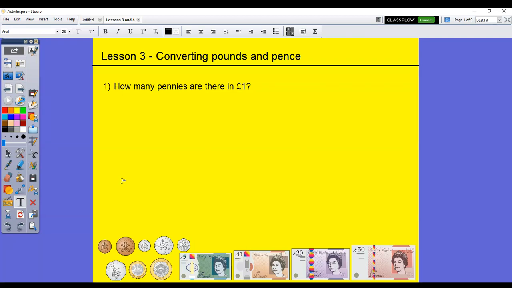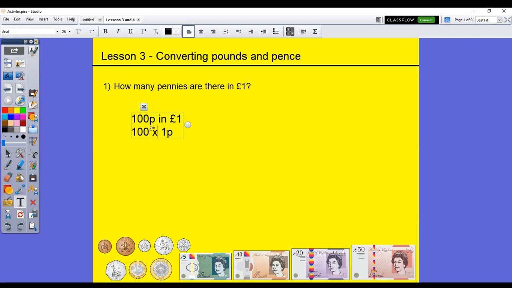Today we're going to be converting pounds and pence. To help us with that, we need to learn and remember how many pennies there are in a pound. There are 100 pennies in £1. What we mean when we say that is you have 100 1p's.